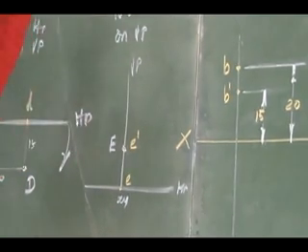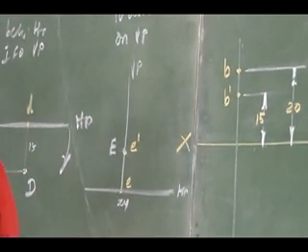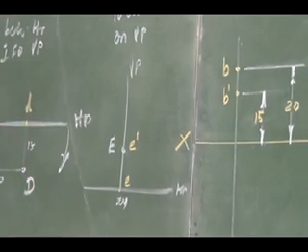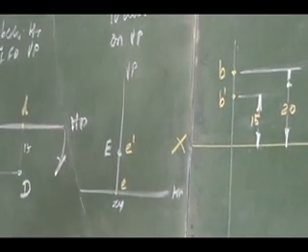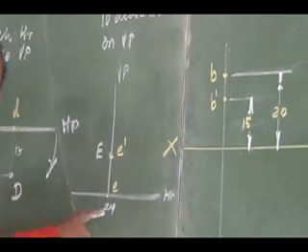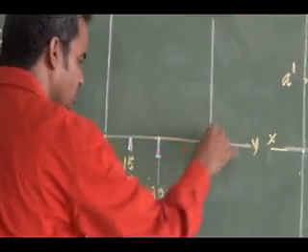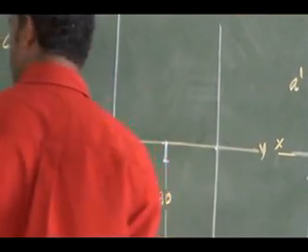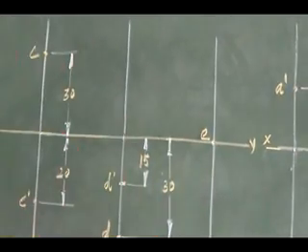When I am looking at the top view, the board will fall on the reference line. In the same way, the point will fall on the reference line itself. So on the reference line I can mark a point, a projection. That view is nothing but my top view. So that is my small e.